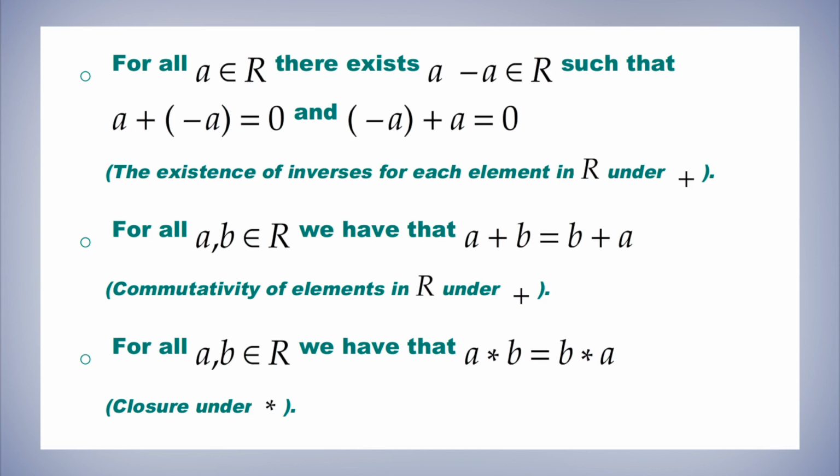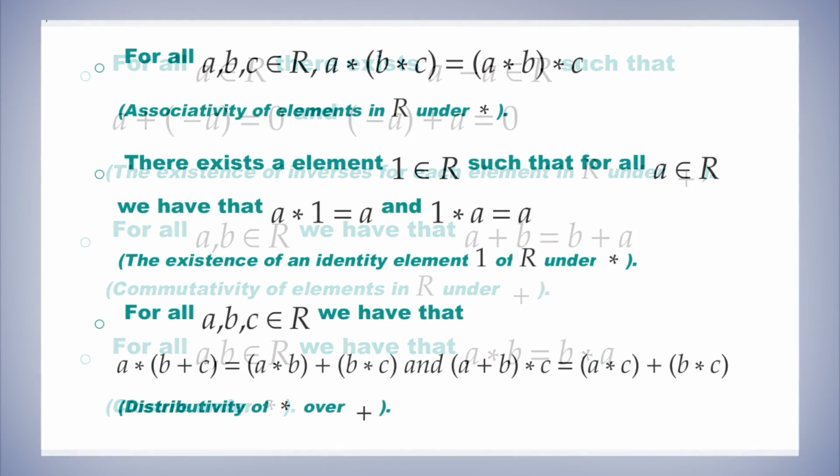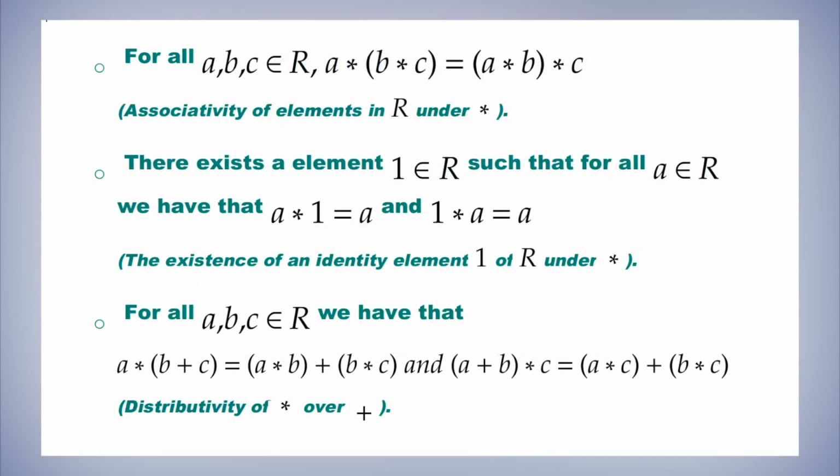For all a, b in R, we have that a * b is in R, closure under star. For all a, b, c in R, (a * b) * c = a * (b * c), associativity of elements in R under star.